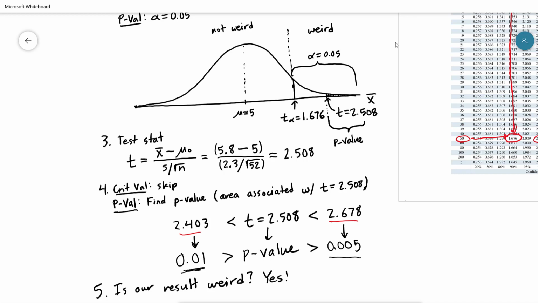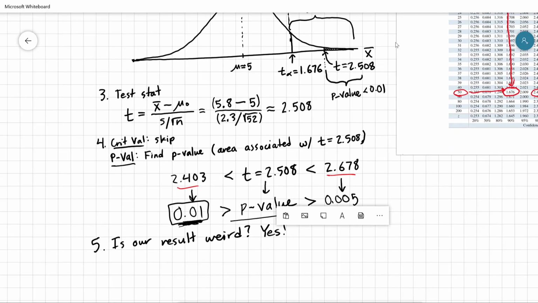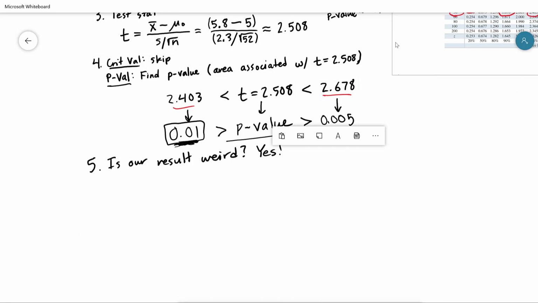And we just found that the p-value, I don't know exactly what it is, but I know that it's less than 0.01. That's what we found down here with this number. The p-value is less than 0.01. So I don't know that exact area, but I know it's less than 0.01. And that's enough to tell me that our result definitely fell into the weird region.